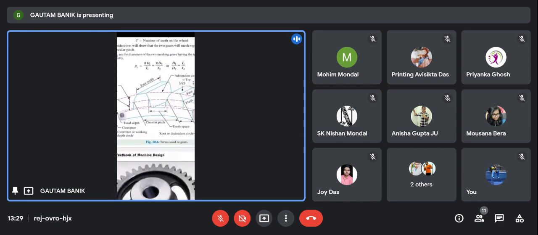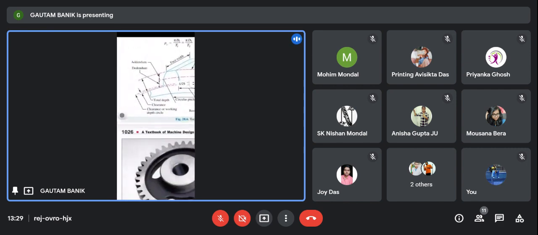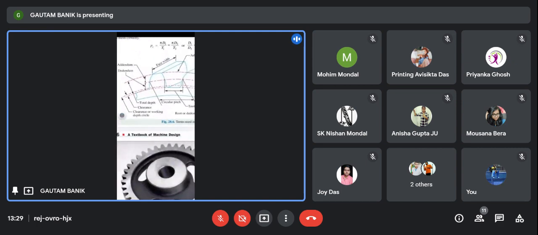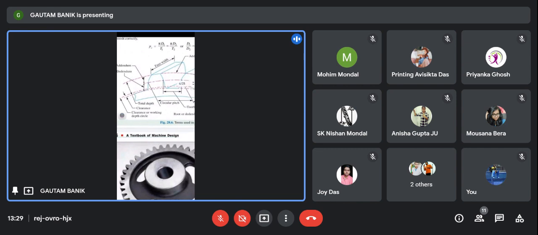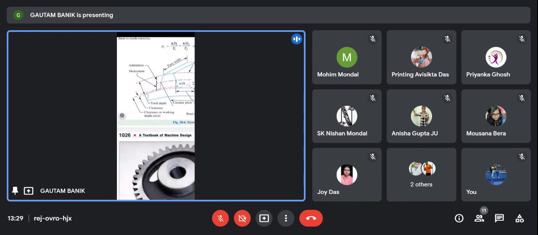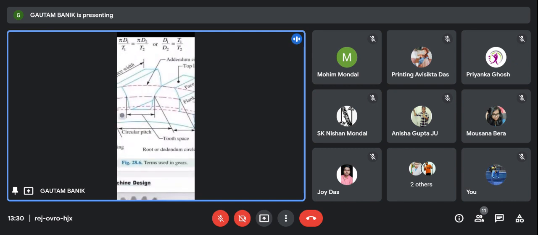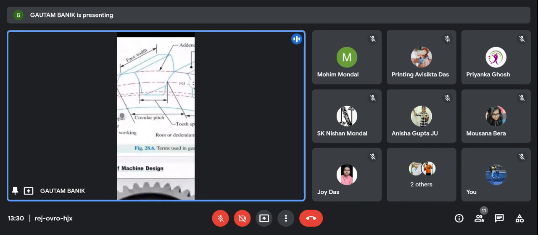These are the two circles, the outer circle. The outer circle is called the addendum circle, and the lowest circle is called the dedendum circle. Now the middle red center line is showing the pitch circle.